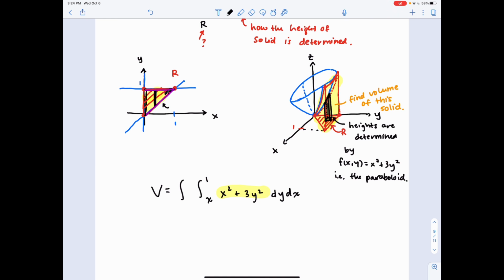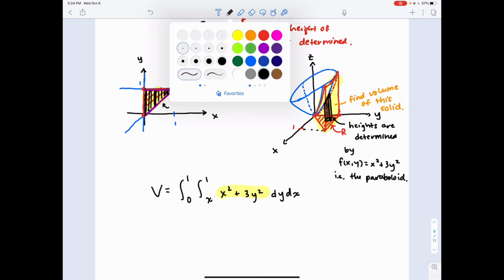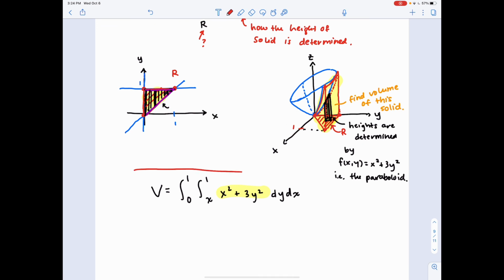And then to determine our x bounds, we just want to identify what's the smallest x value in our region and what's the largest x value, because that's telling us where we should place all of our different strips so that we make sure we integrate over the whole region. And so that's between 0 and 1, since x ranges between 0 and 1. And now we have set up the volume of our solid. So we're done.